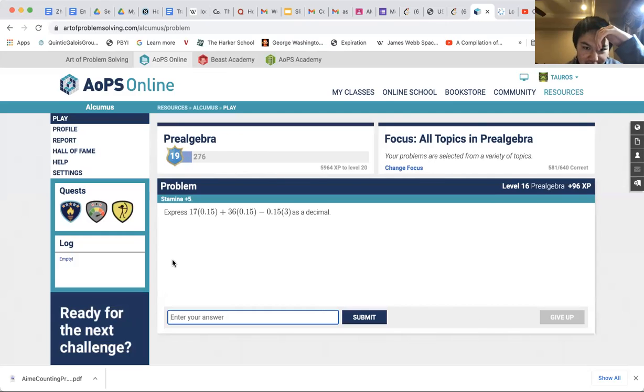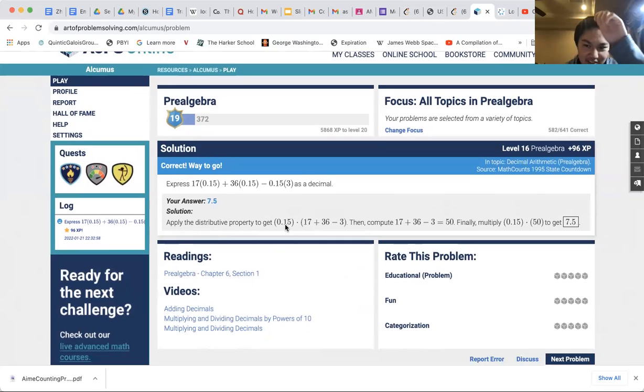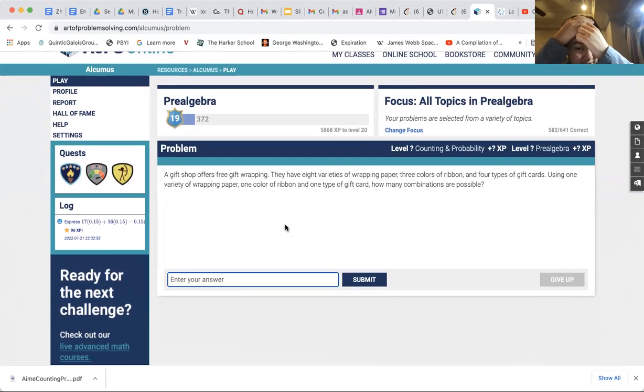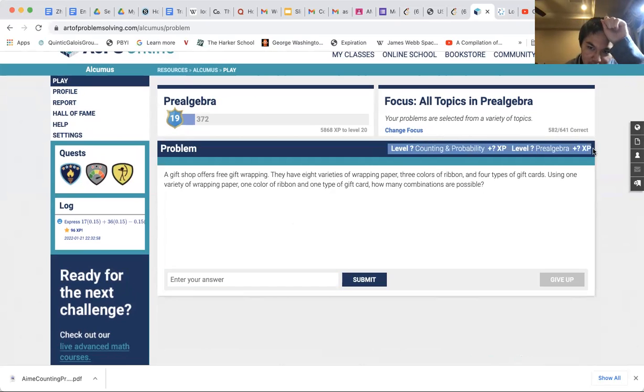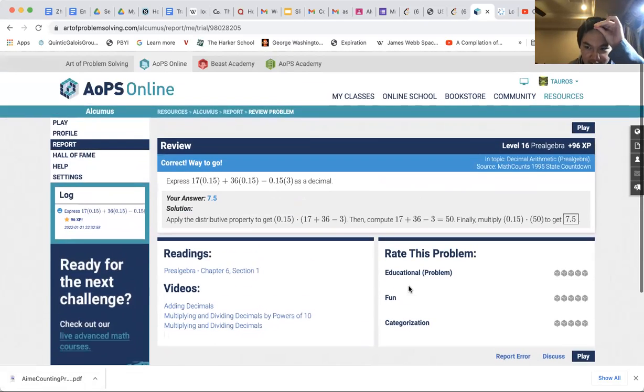If you just want to practice random topics, like let's see, this should be 50 times 0.15. It should be 7.5, I think. And you can see it says correct, and then after this it'll give you more problems. As you see, sometimes they're mystery problems, and you get 2 tries. On the first try, if you're right, it'll automatically take you to the answer.